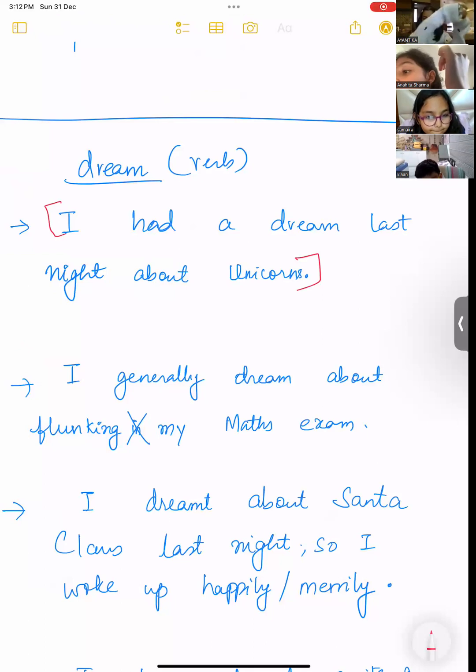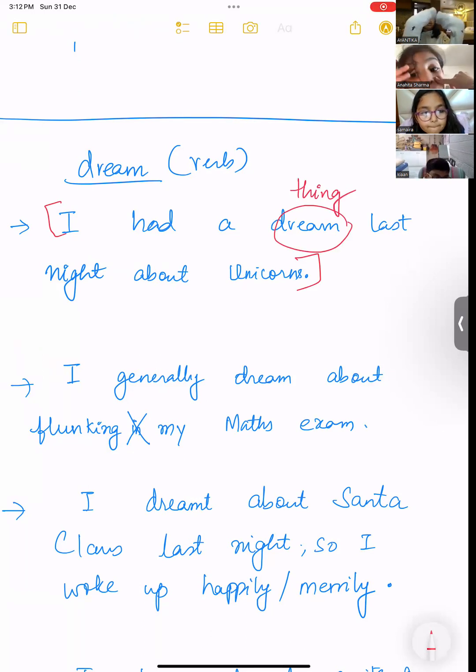So whoever answered that, well done. I had a dream. Very good, Shivansh. Dream is a thing. When you have something, you have an object, you have a noun with you. So dream can be used as a verb or a noun. This was an example of it.